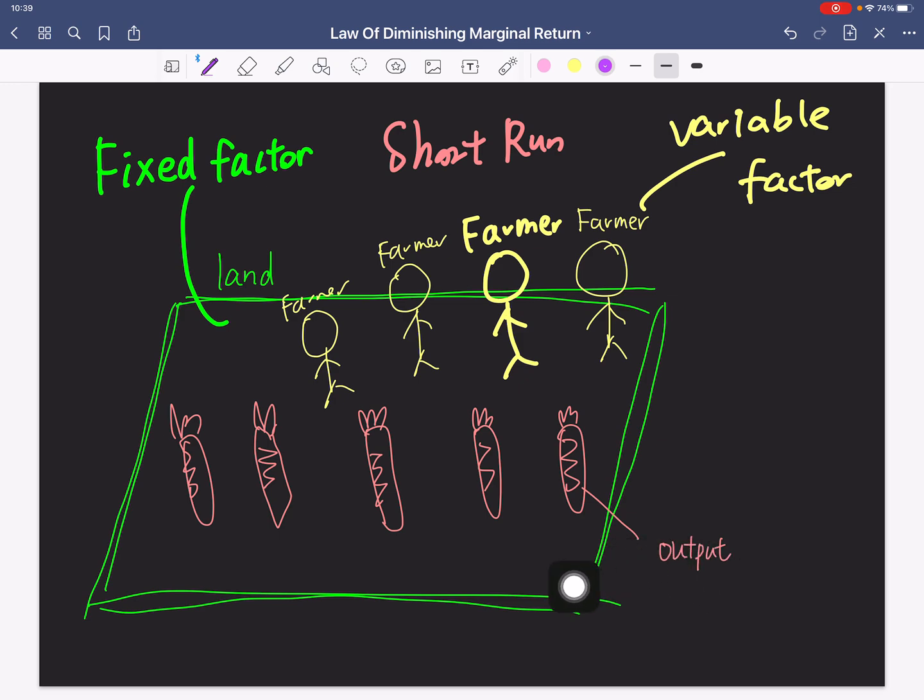It means that no matter how many carrots I plan to grow, this factor of land is not going to increase or decrease according to my output. It is just going to be given this piece of land.